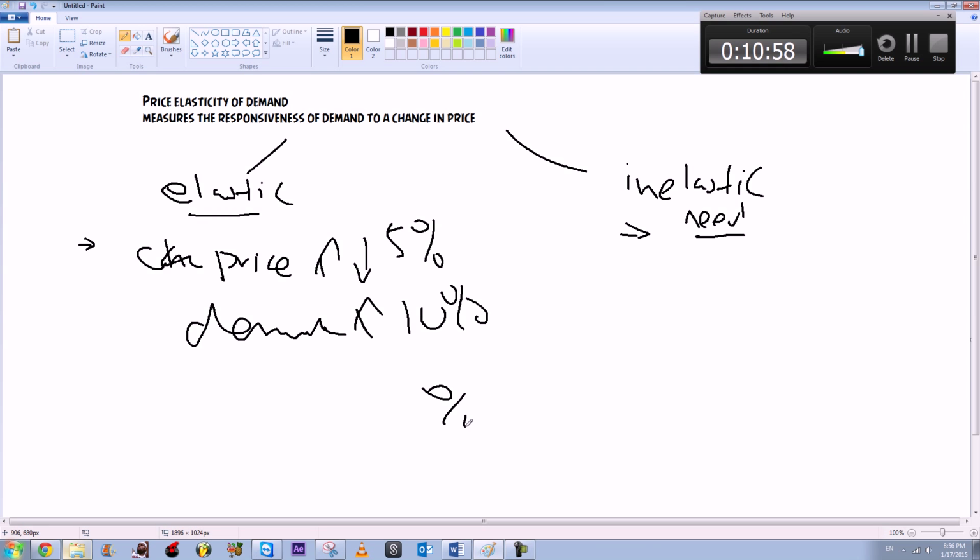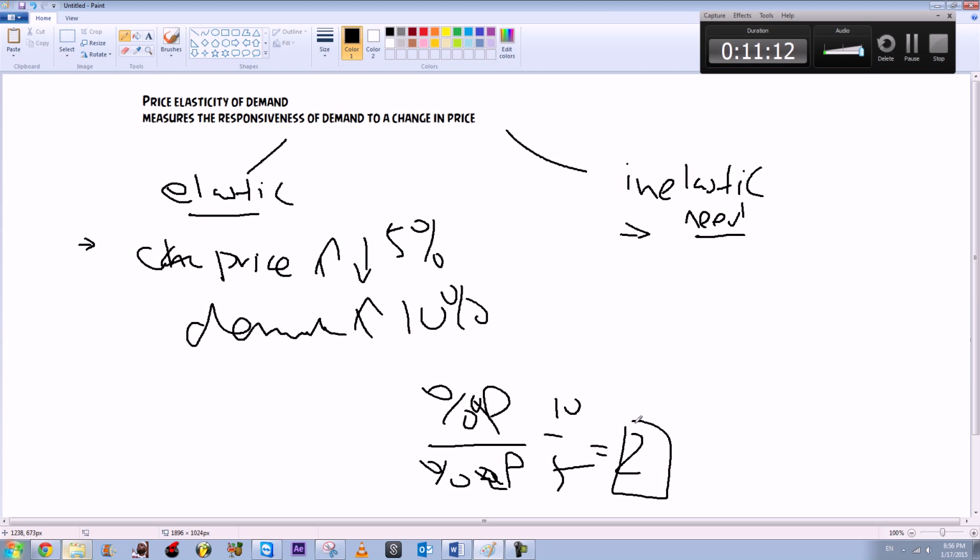The formula I'm going to teach you is percentage change in quantity demanded over percentage change in price. In this case, it's 10 over 5, and that's 2. So if the PED is above 1, it is said to be elastic. If PED is less than 1, it's said to be inelastic.